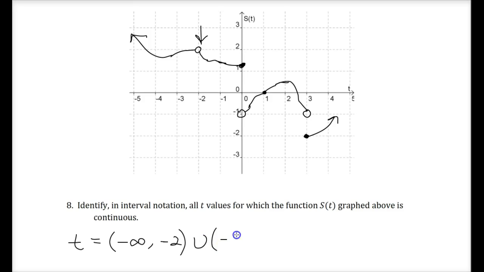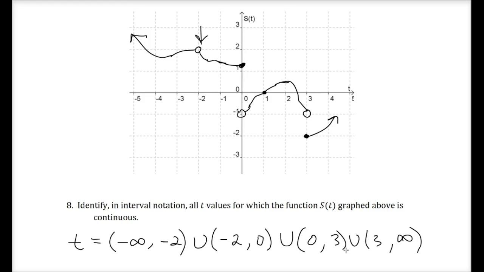So we got to skip -2, and we keep on going until we get to 0, because we have the jump discontinuity there. And then after that, according to what I have on my graph, I decided to have another jump discontinuity at t equals 3. So I have to exclude 3 from this, and then I go on to infinity, okay?